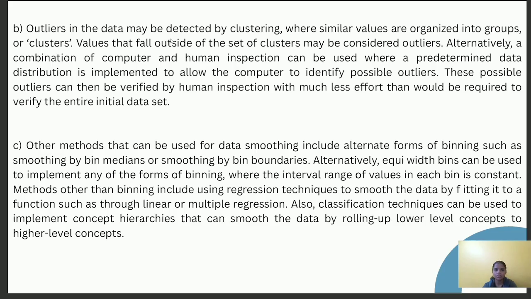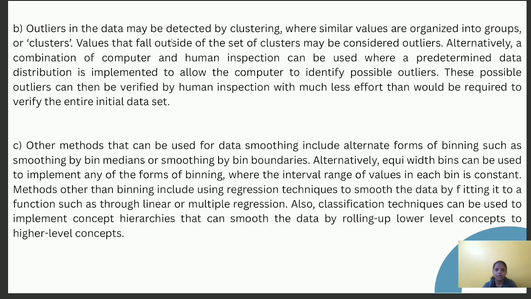Alternatively, a combination of computer and human inspection can be used, where a predetermined data distribution is implemented to allow the computer to identify possible outliers. These possible outliers can then be verified by human inspection with much less effort than would be required to verify the entire initial data set.